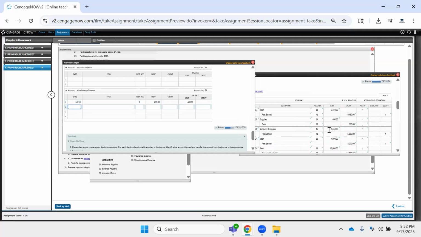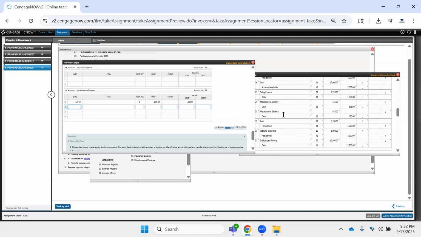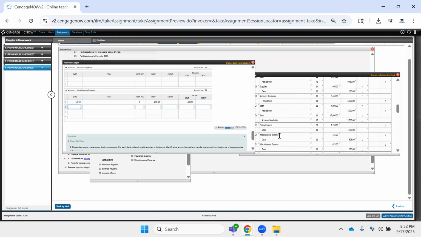And then we had one on the 29th and one on the 31st right here, of 325 and 675.